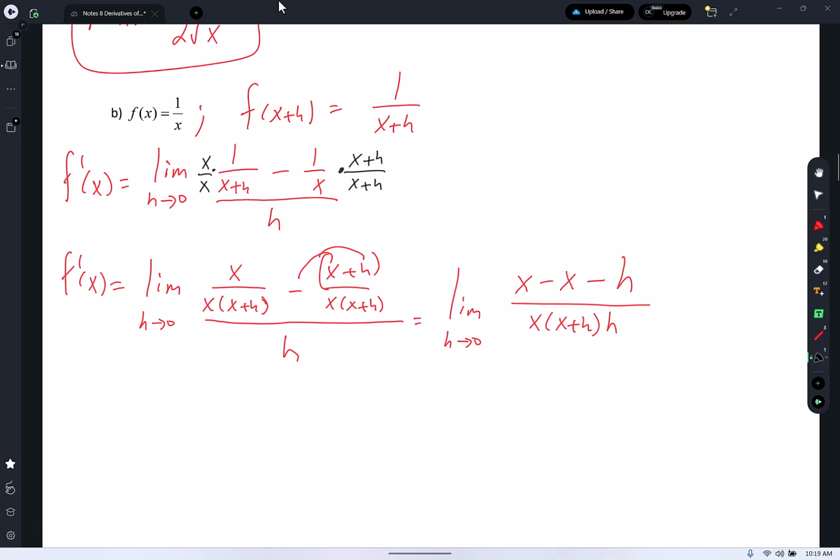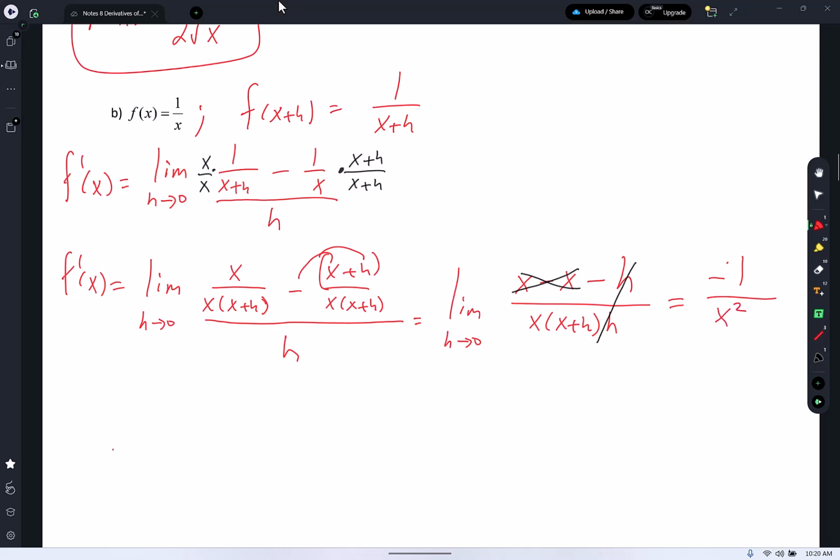The x's zero out. Bam. Now that I've zeroed out the x's, can I cancel out an h? Bam. It's a -1 in the numerator, guys, not a 1. -1. Let's see, what else? H is approaching 0, so it's x times x, which is x squared.